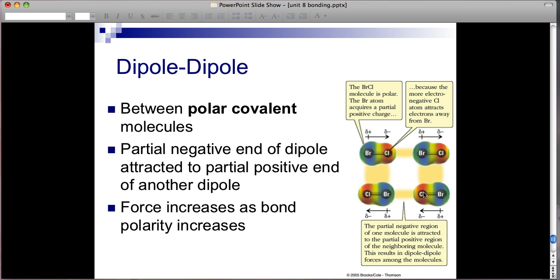So that has like this nice attraction. And basically, the more polar the compound is, the more this attraction grows. And that kind of makes sense. So the stronger the magnet, the stronger the hold, the stronger the attraction.